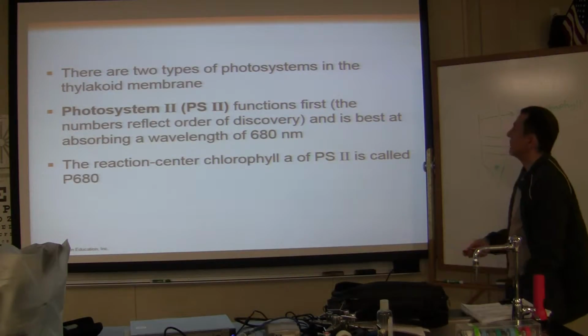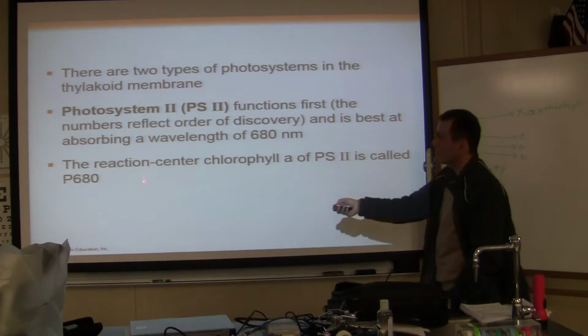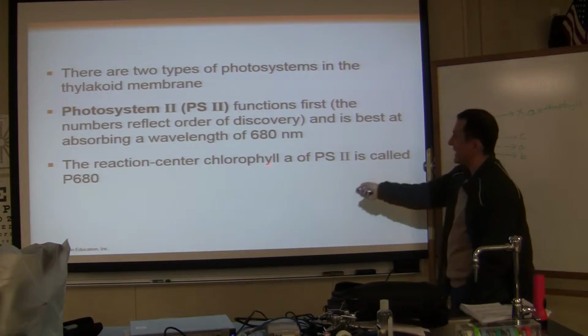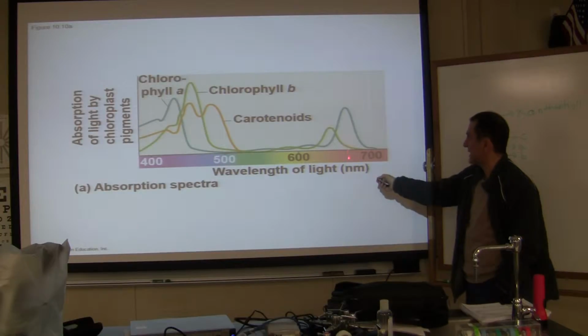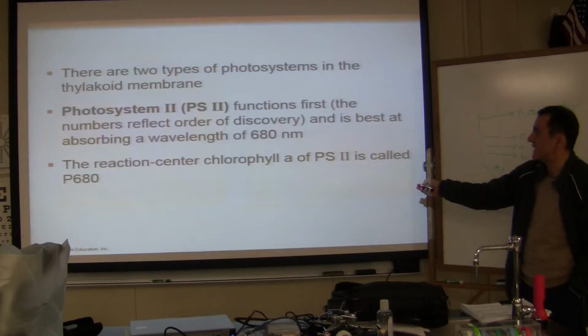There are two types of photosystem in the thylakoid membrane, photosystem 2 and photosystem 1. Photosystem 2 works best with 680. If you go back here to 680, around here, that's where it works best.